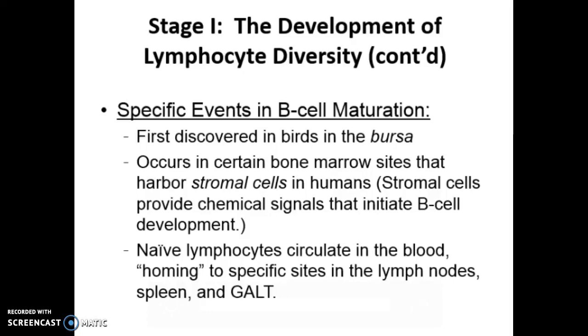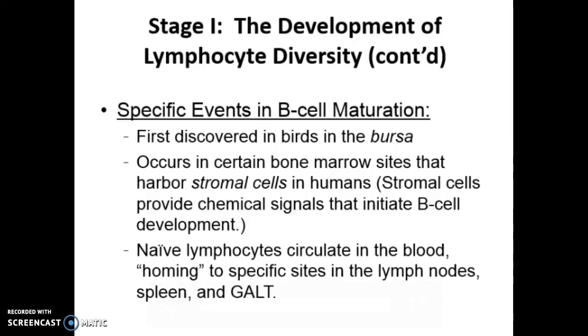And then kind of in that naive stage or that immature stage, let's go with teenage years, all right, the B cells are going to move from the bone marrow out to the different lymphatic tissues, specifically the lymph nodes, the spleen, the GALT. And if you recall, this was a quick mention in chapter 12.